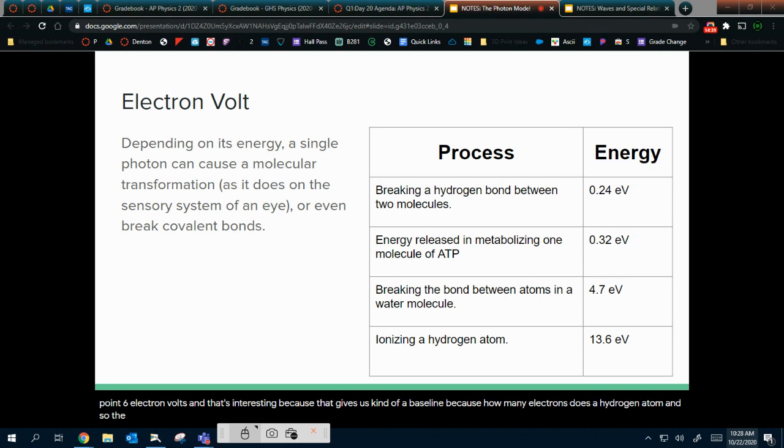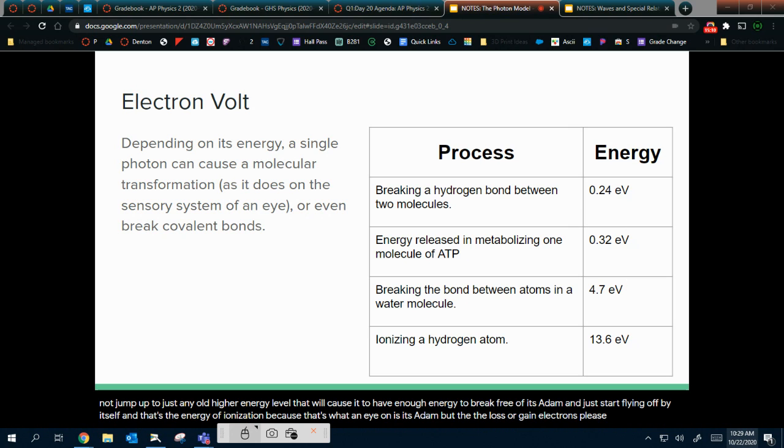If 1 photon comes in with 13.6 electron volts and hits that electron, it will not jump up to just any higher energy level. It will have enough energy to break free of its atom and just start flying off by itself. That's the energy of ionization, because that's what an ion is. It's an atom, but it has a positive or negative charge, because it's either lost or gained electrons.